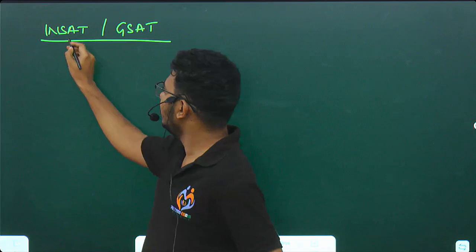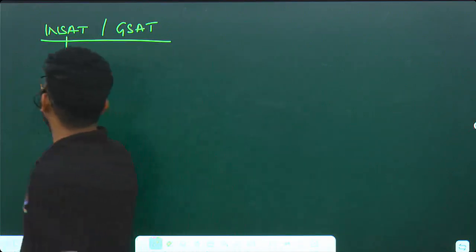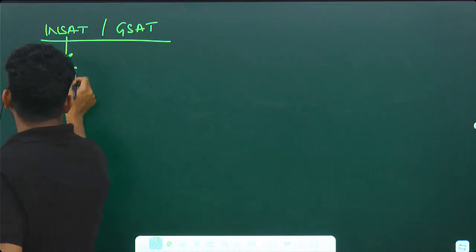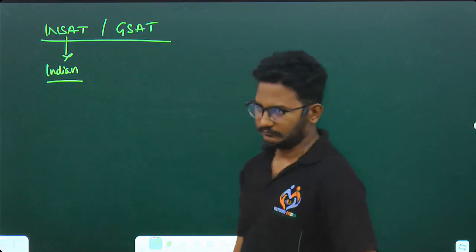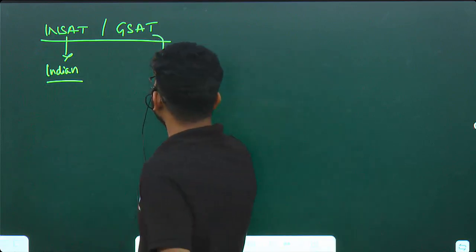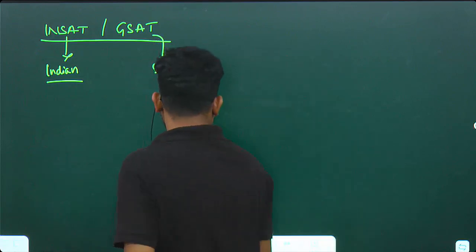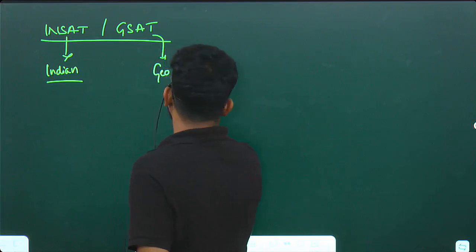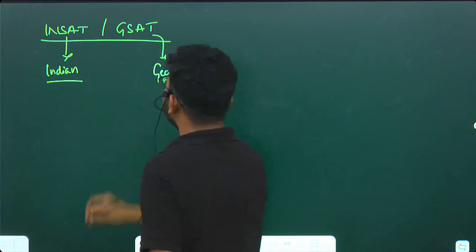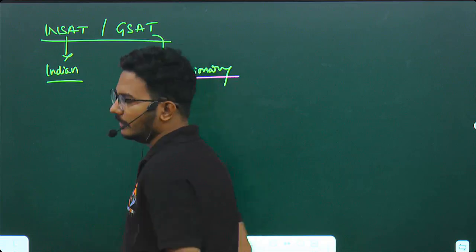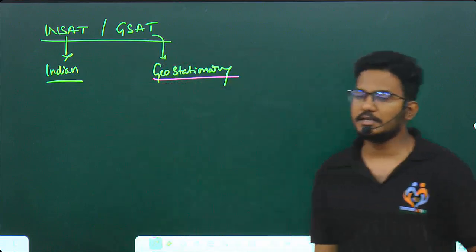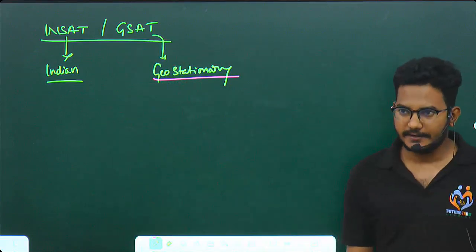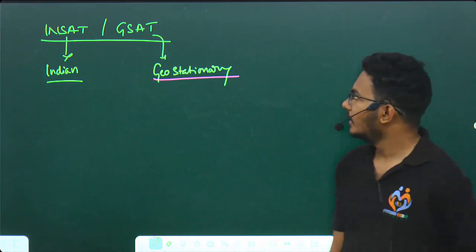INSAT means Indian satellite. GSAT means geostationary satellite. A geostationary satellite. Okay. Now see.